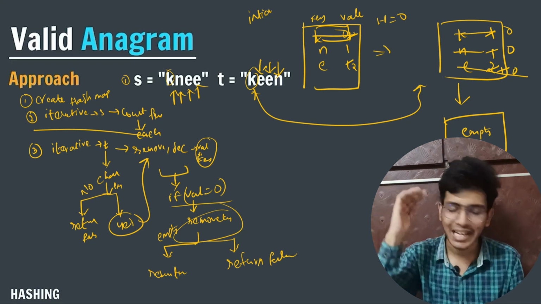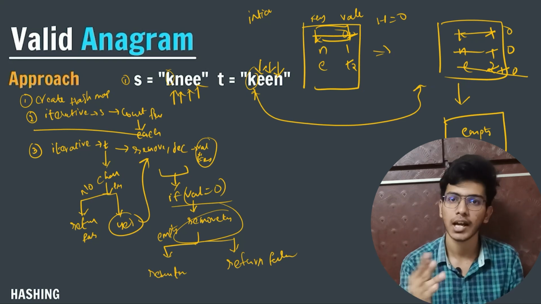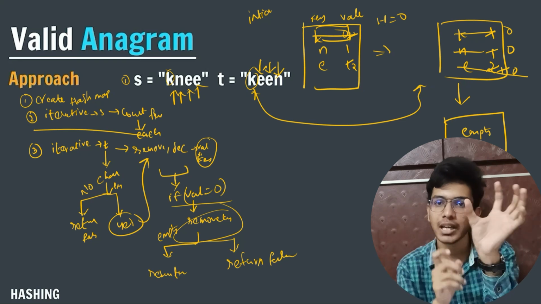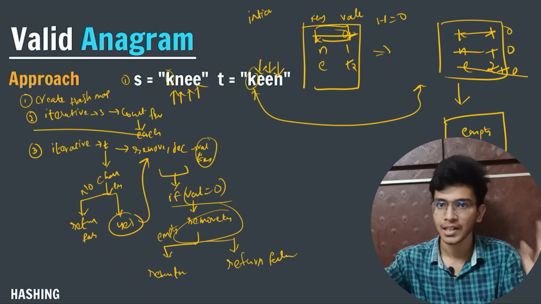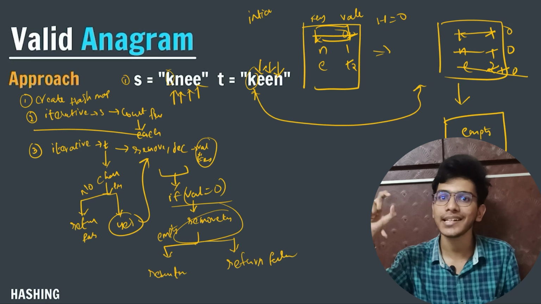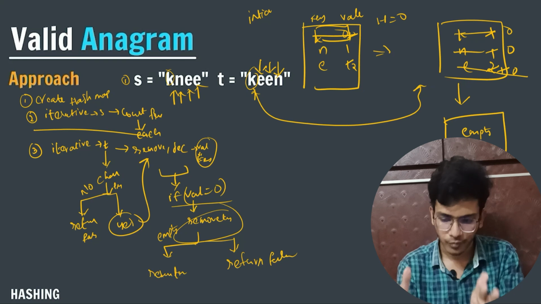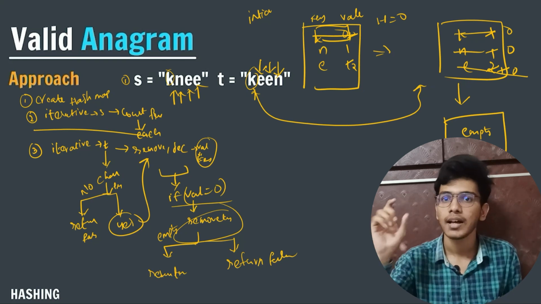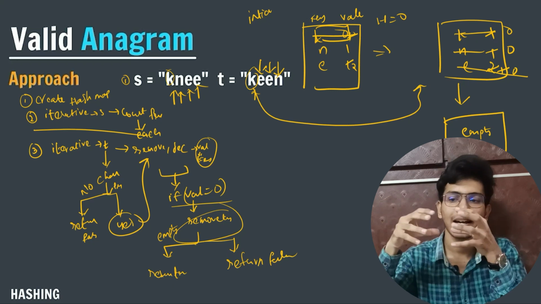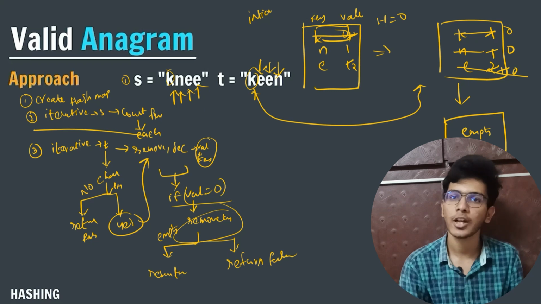In step 3, again I am running a loop for the second string, my t string, and as I iterate I am checking whether this particular character exists in my hash map or not. If it exists, then I will decrement its occurrence by 1, until the occurrence becomes 0. If the occurrence of that particular character becomes 0, then I will remove that key value pair from my hash map.